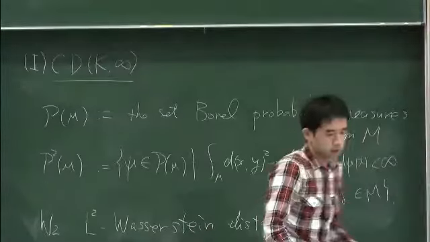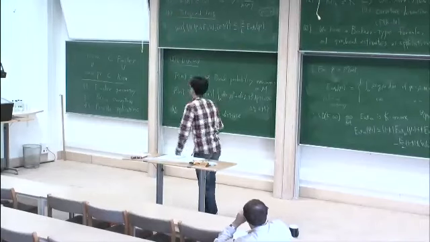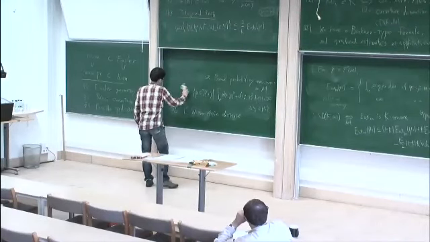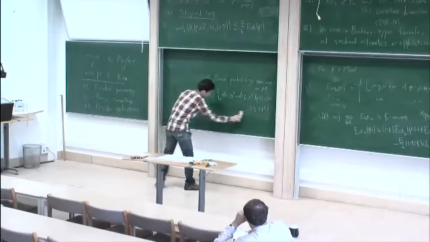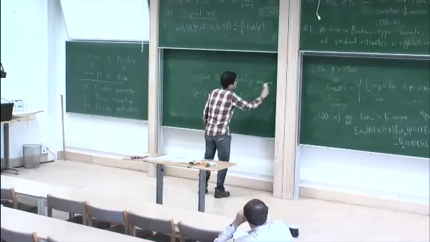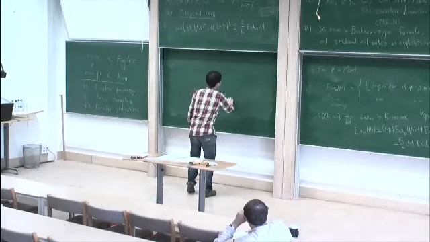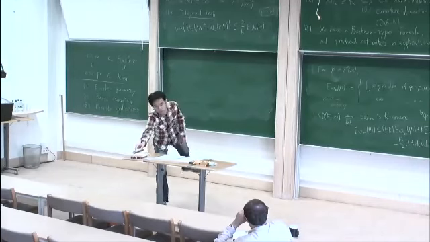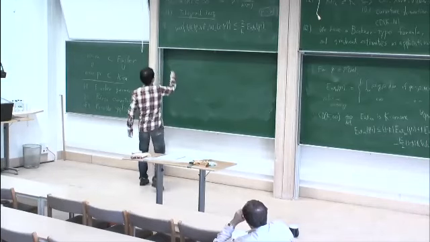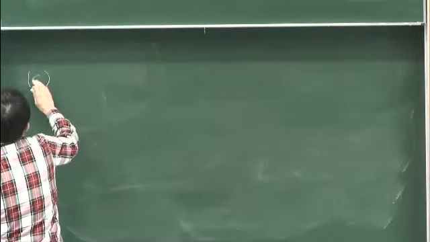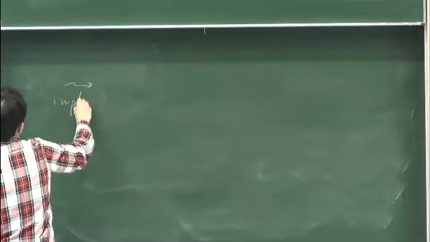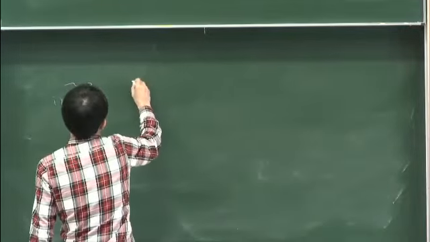And by a general theory, the Talagrand inequality implies normal concentration of measures. This is also easy, but I haven't explained what it is.